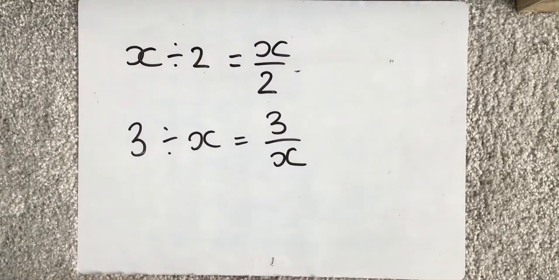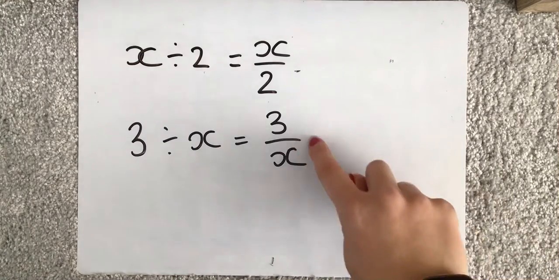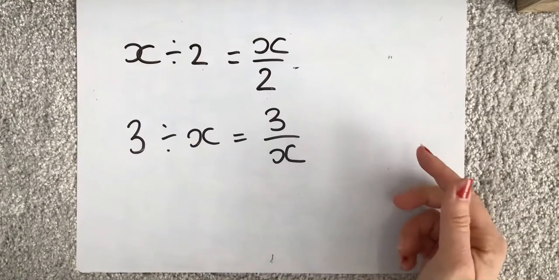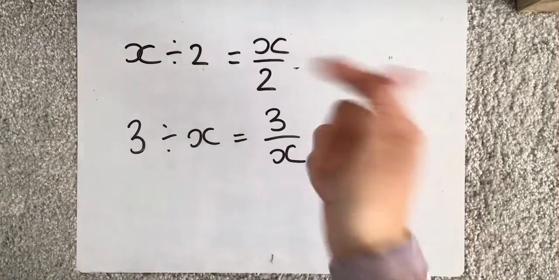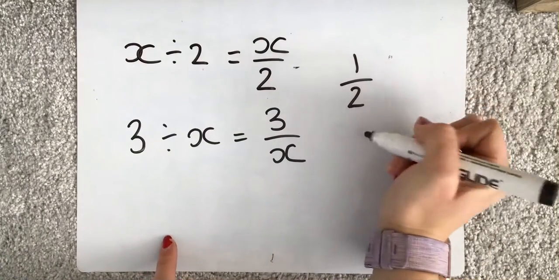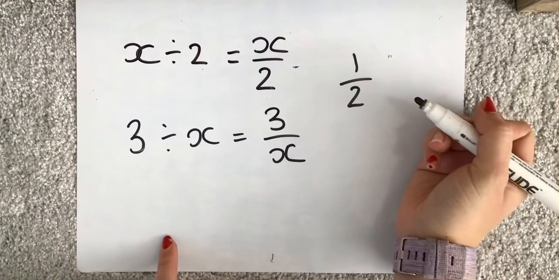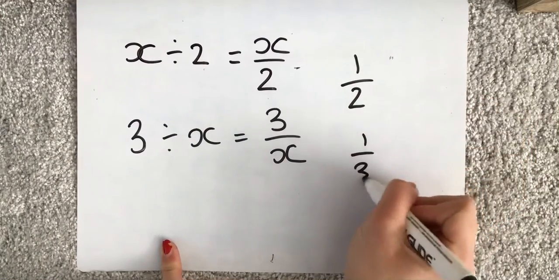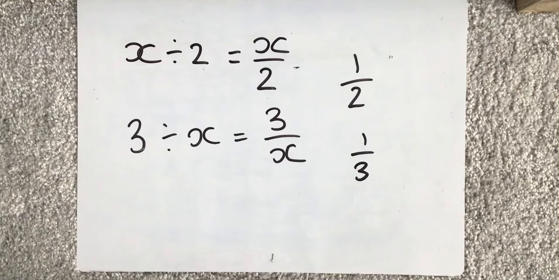We write it as a fraction, okay? And a lot of people don't realise, but that fraction line is actually a division line. That's what it means. It means that it's x divided by 2. If you think about it, a half, you're splitting it in half. You're dividing it by 2. If you have a third, you're splitting it in 3. You're dividing it by 3. Okay, so we can have divisions.